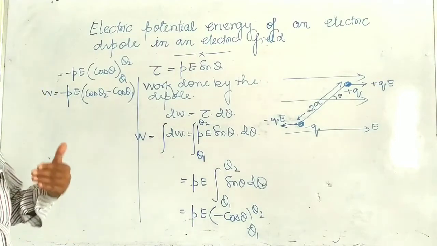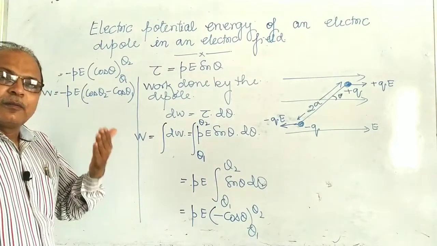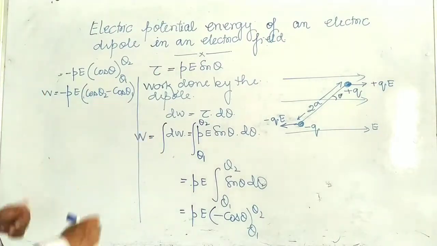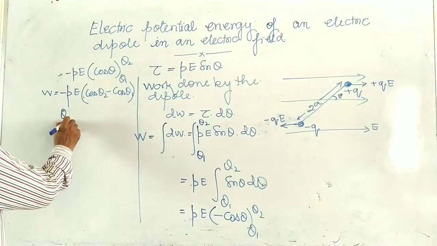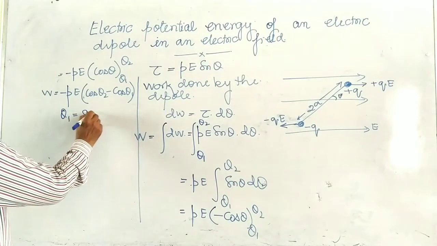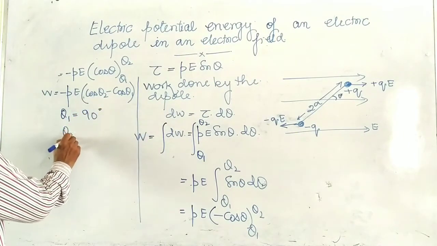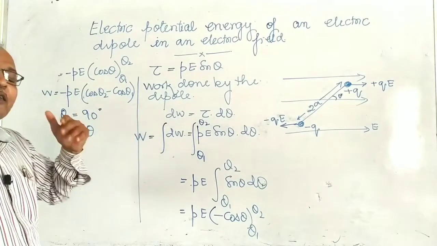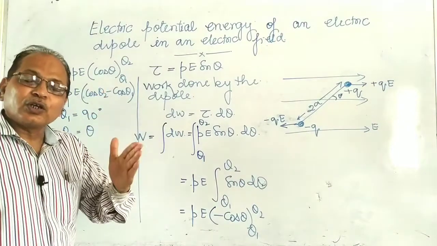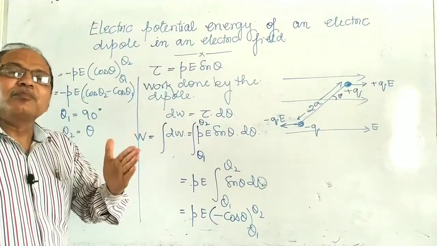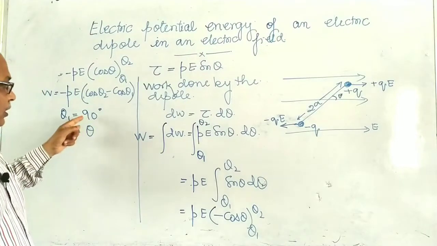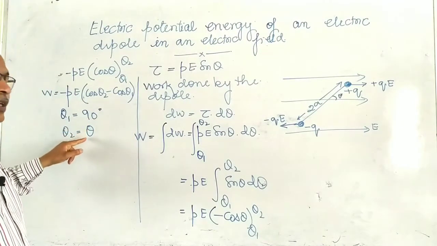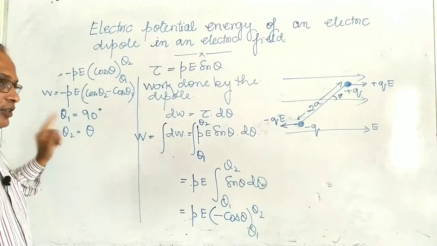Let the initial angle at which the dipole is located, theta 1, be 90 degrees and theta 2 be any angle, let it be theta, because you know at the 90 degree angle the torque will be maximum, and after theta 1 at 90 degrees it comes to any angle theta.